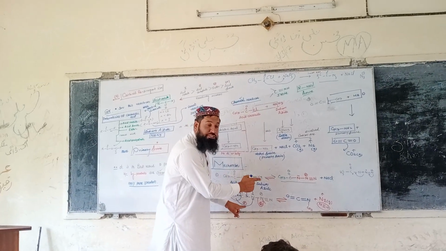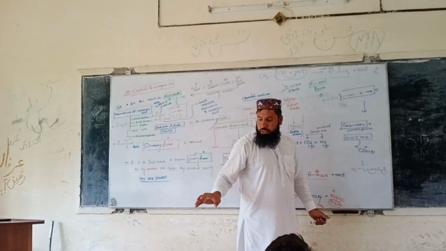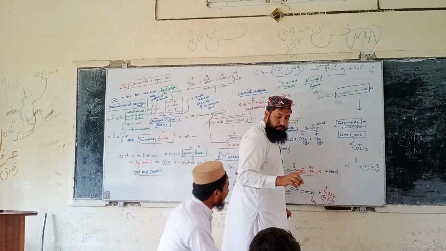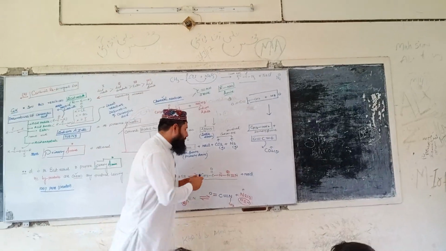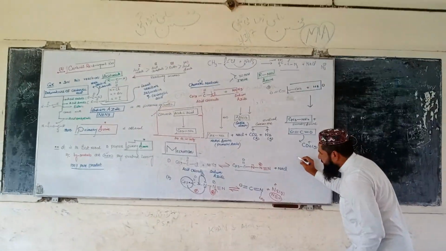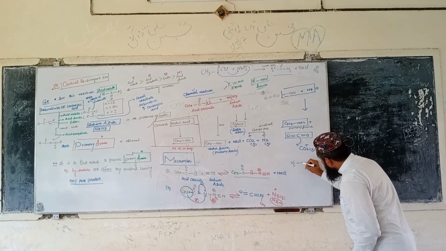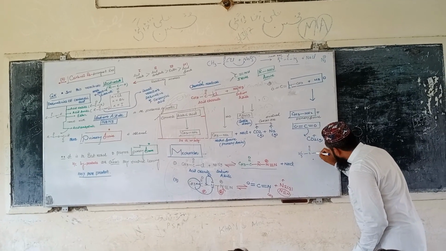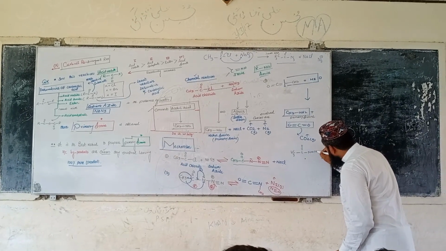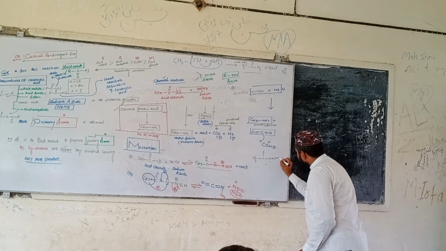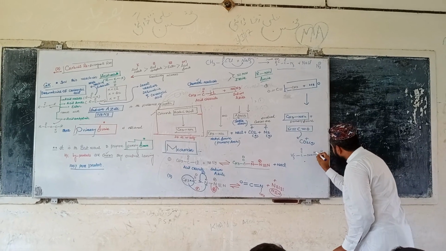So how does this rearrangement take place? This is the most important step. Look at the rearrangement step. This is your CH3, this is your CO, and that is your N double bond N. This is positive and this is negative.